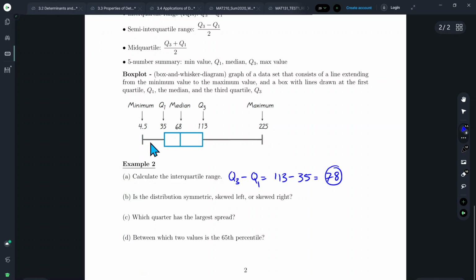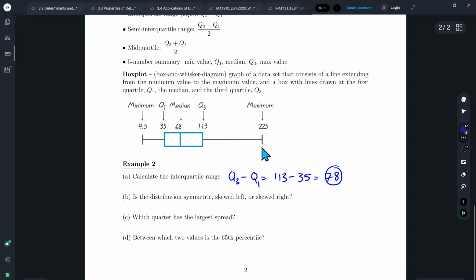So one thing the box plot allows us to do is to visualize the data, right? So in terms of whether the distribution is symmetric, skewed left or skewed right. The median is a measure of center, right? So you can imagine the center of the data is around here, and this little line on the left and the little line on the right tell us how the distribution might have a tail, right?